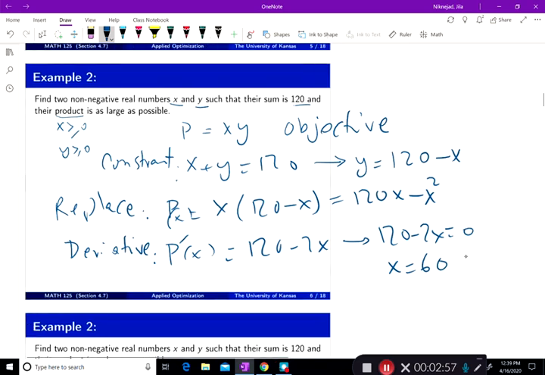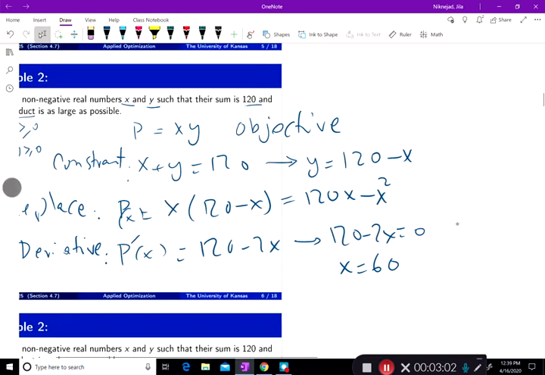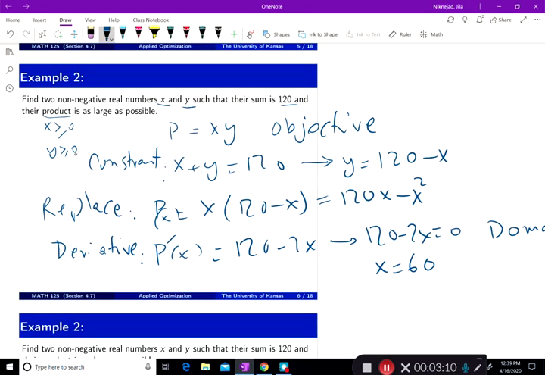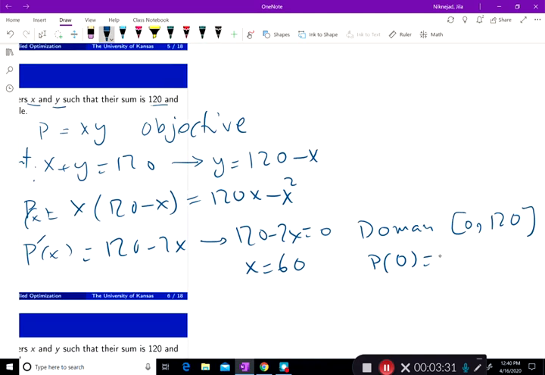And now, let's do a test. Which test? First, domain. Domain is x bigger than or equal to 0, and then maximum that it can get is 120. So domain is 0 to 120, closed bounded method, and I have to check P at 0, which, if I compute right here, I get 0.